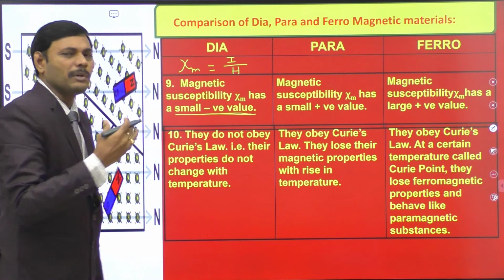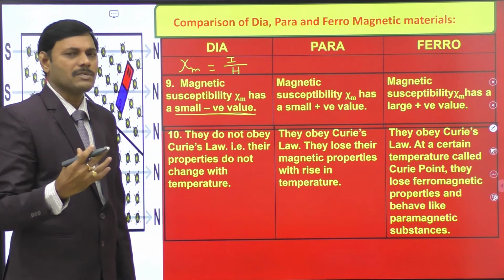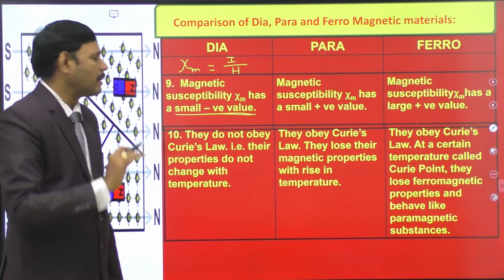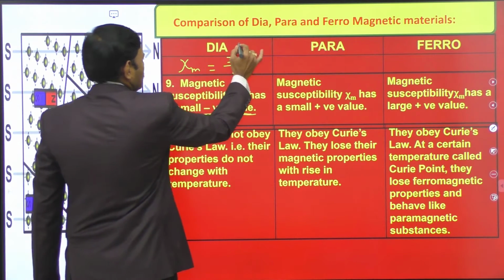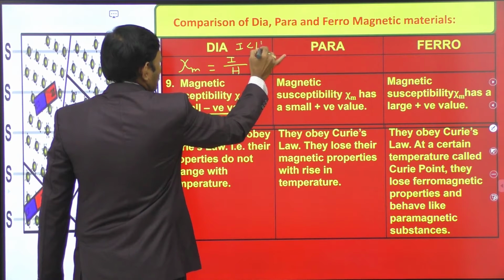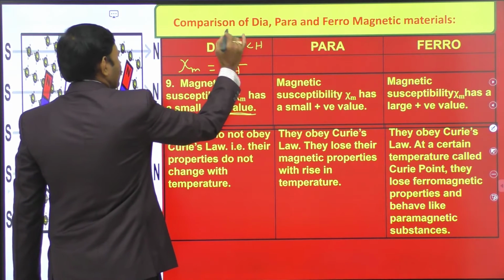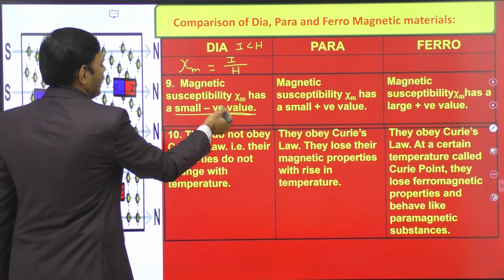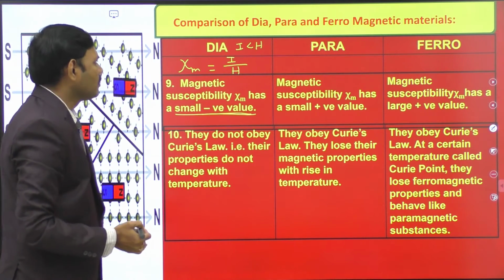It is a negative decimal. You may understand it more effectively this way: it is a negative decimal because I is less than H, and I is opposite to H. That's why you get a small, negative value.